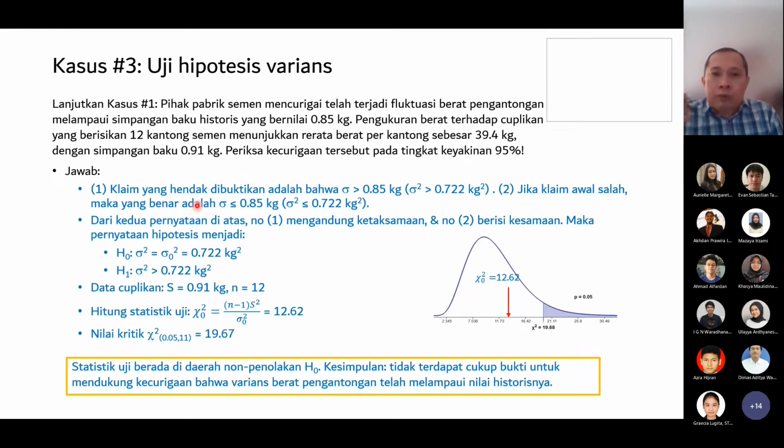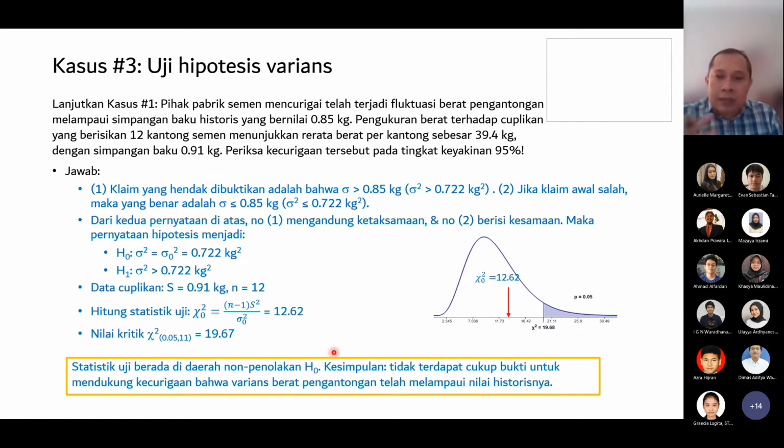Okay, so when we want to frame up our conclusion in words, we need to go back to our original claim. In this case, the original claim was that the process standard deviation has exceeded its historical value. Okay, and because we don't have enough evidence to reject H0, then we say that we don't have enough evidence to support that suspicion.